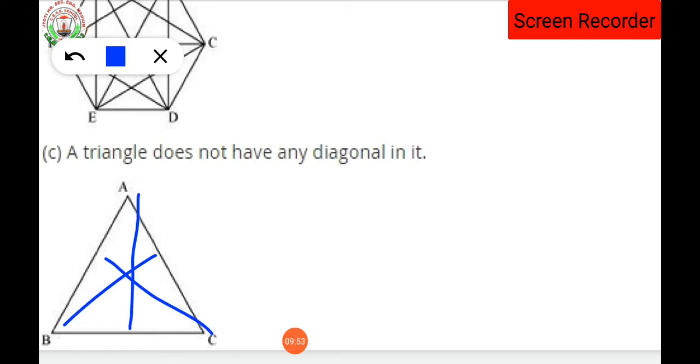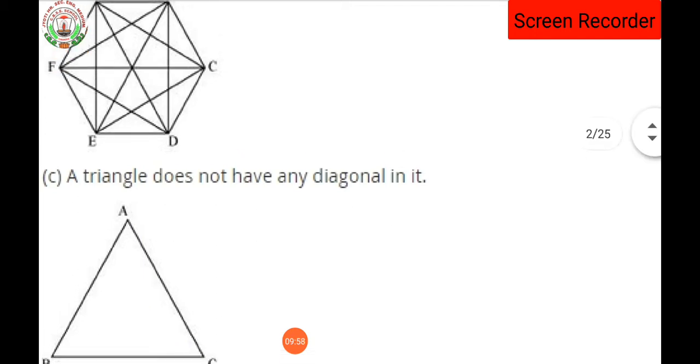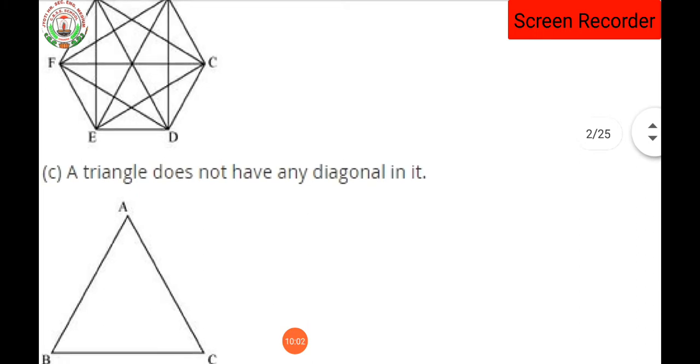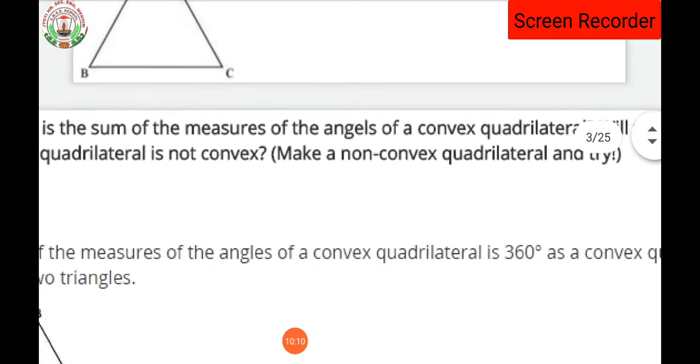But it does not have a diagonal. Clear everyone? Diagonal means it joins 2 non-adjacent vertices. Clear? Have you understood? So a triangle has 0 diagonals. Next question we are going to see, question number 3.